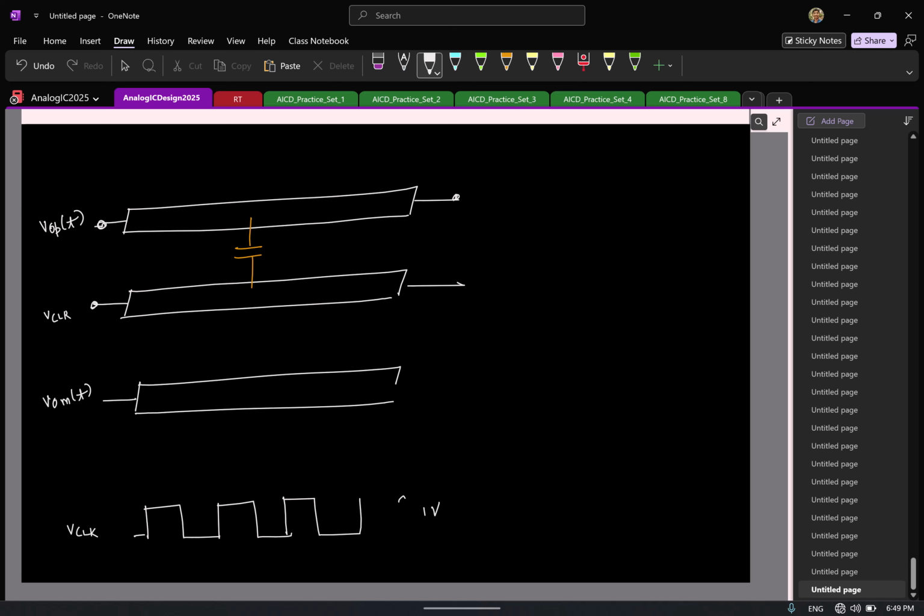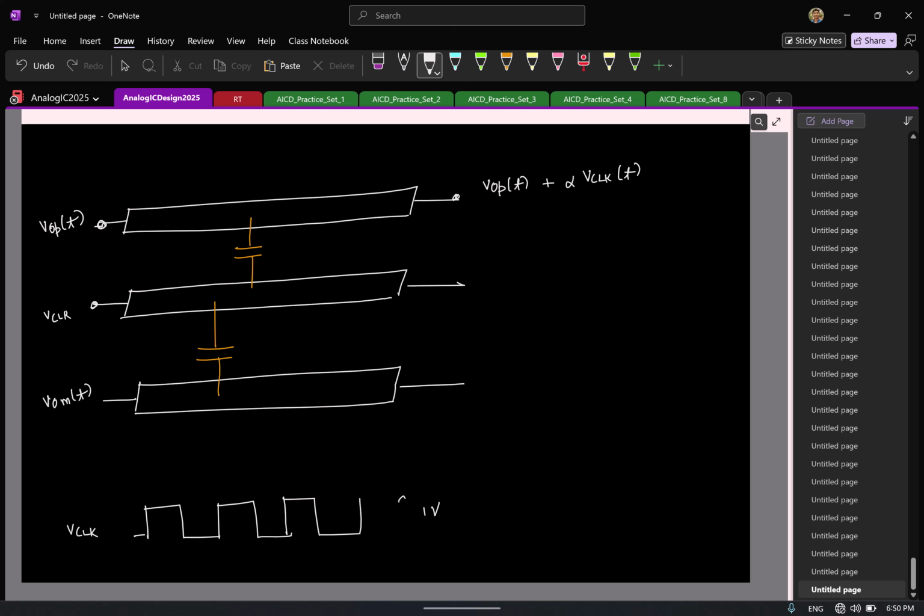Correct? So which means if I make sure that the interfering signal is exactly kept in between, I am going to have another capacitance formed between these two. If the spacing between these two lines are equal, what can you say about the capacitance values? They will be same. So which means, let us say here I before had VOP of t plus some alpha times the clock signal getting coupled.